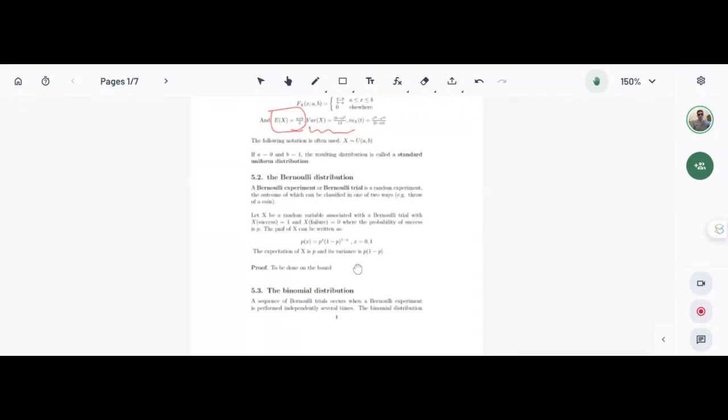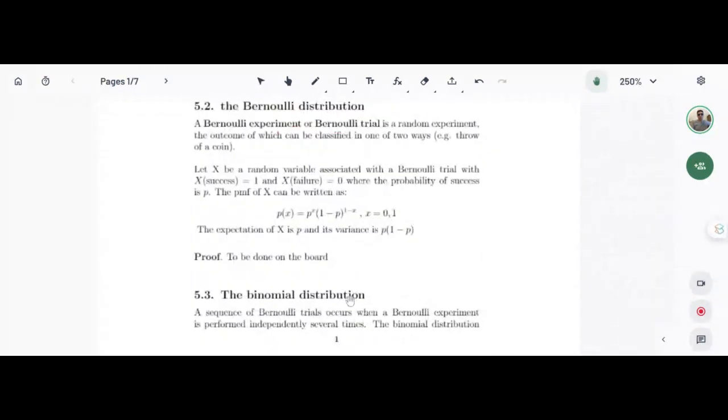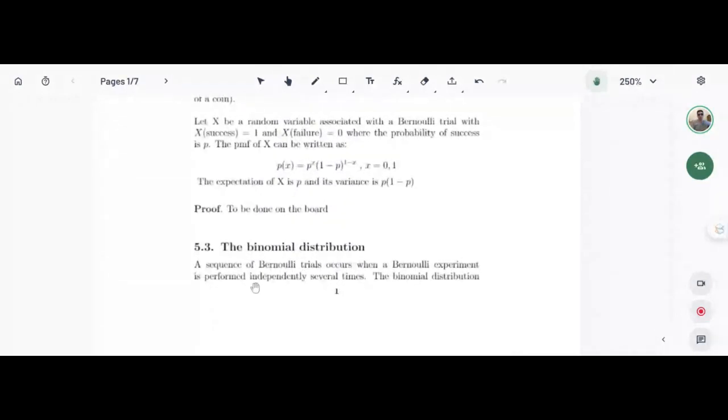Binomial distribution. When you have a sequence of Bernoulli experiments, several independent and identical Bernoulli experiments repeated, and you are interested in the number of successes in a given number of Bernoulli trials, that random variable is going to be binomially distributed.